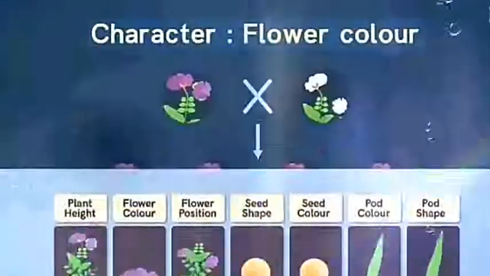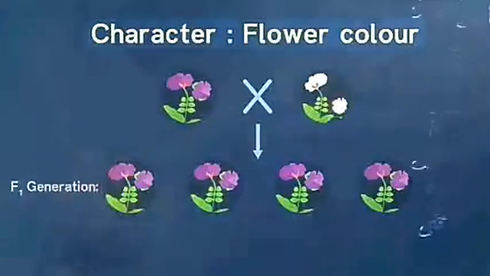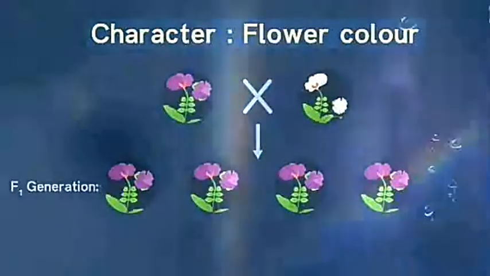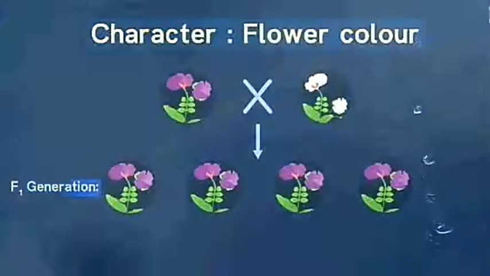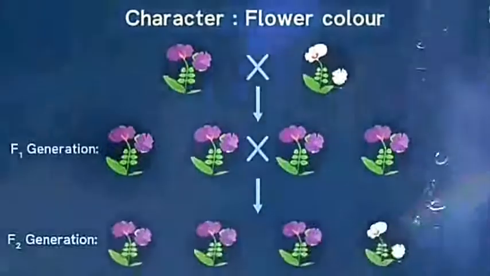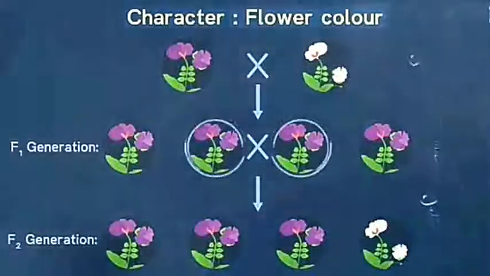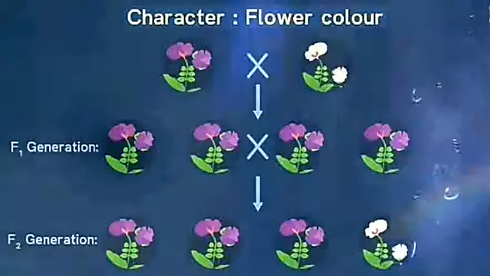Similar results were gotten for other crosses. So crossing a plant with purple flower with white flower produced, in the F1 generation, all purple flowered plants. But in the F2 generation, two sets of plants were produced.